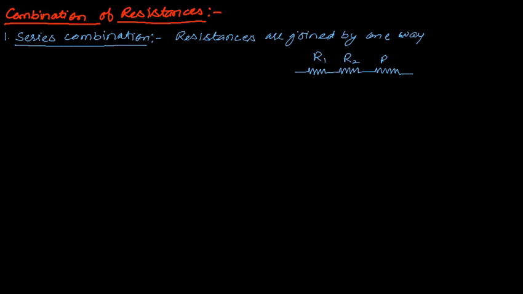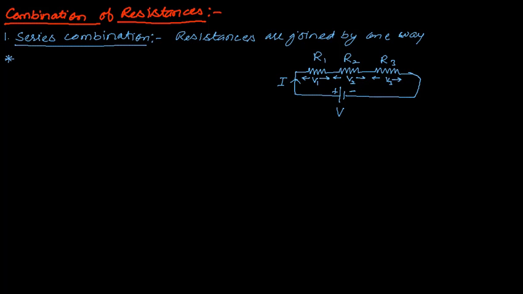R1, R2, R3 are the resistances to which a battery is connected, through which current I is flowing. Let these be the positive and negative terminals of the battery. Let V1 be the potential drop across R1, V2 the potential drop across R2, and V3 the potential drop across R3, that is the third resistance.